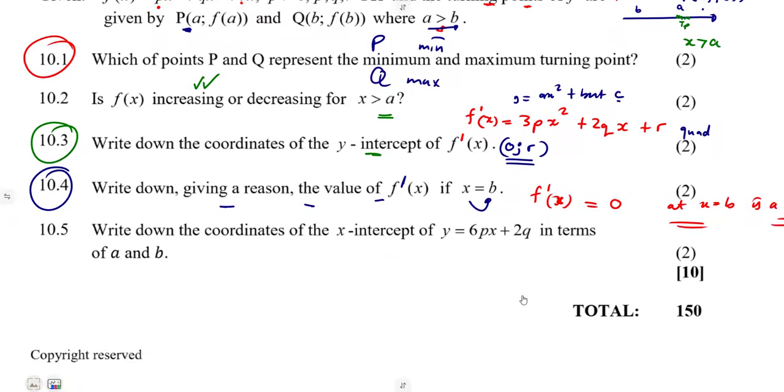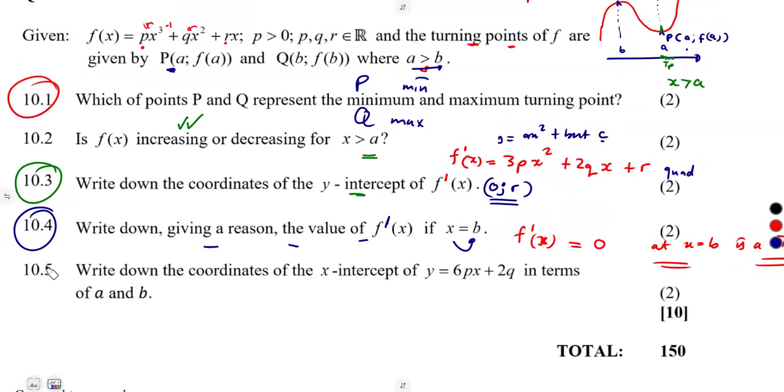All right, then 10.5. You are given, write down the coordinates of the x-intercept of y is equal to 6px plus 2q in terms of a and b. The coordinates of the x-intercept. I want us to see what is happening here when we are given y is equal to 6px plus 2q.